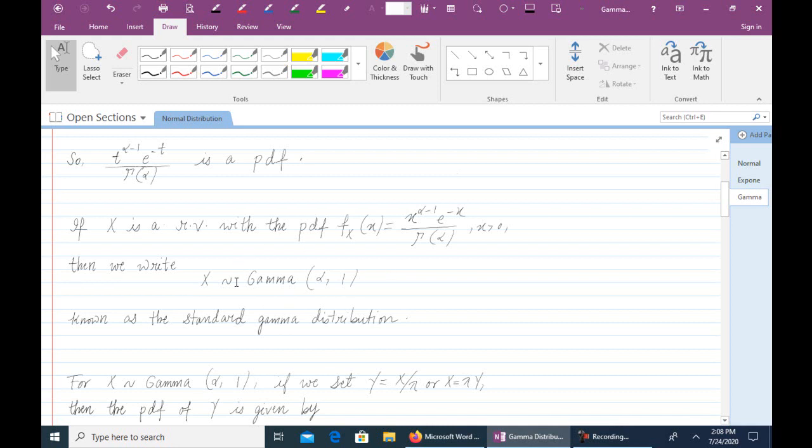This is known as the standard gamma distribution. So the standard gamma distribution with the parameter alpha and 1 is the distribution with this specific PDF.